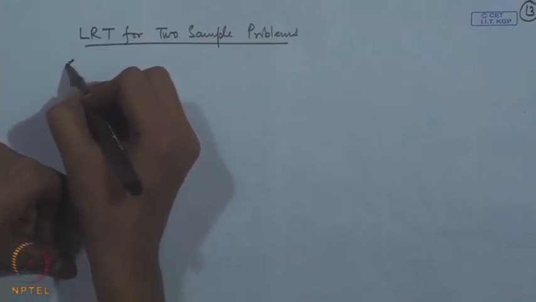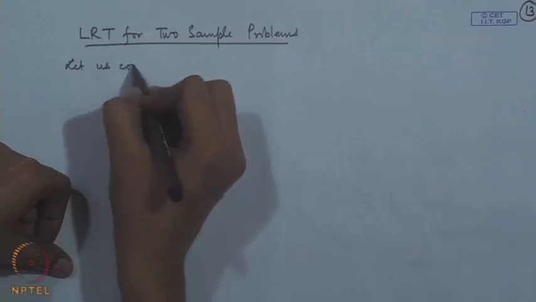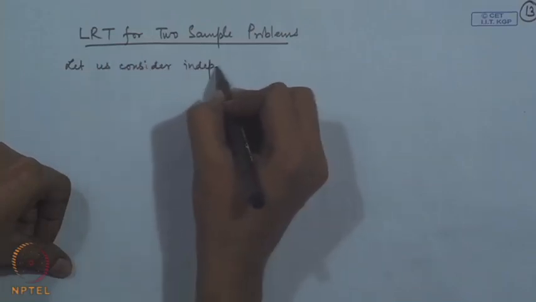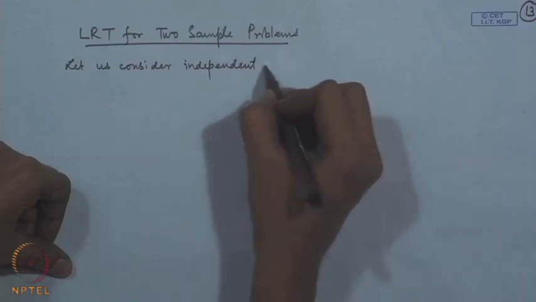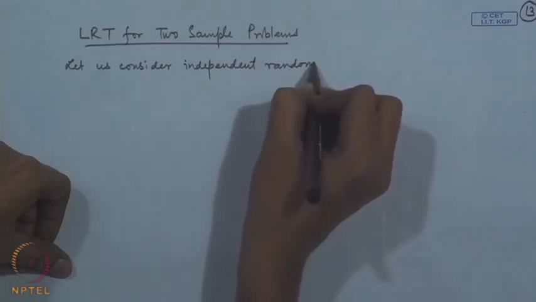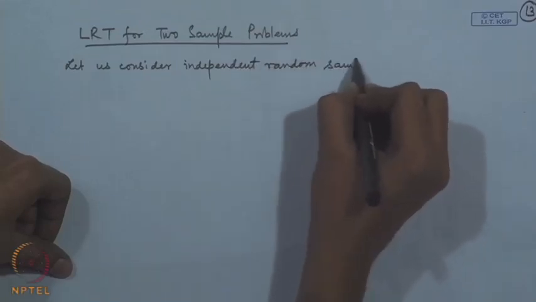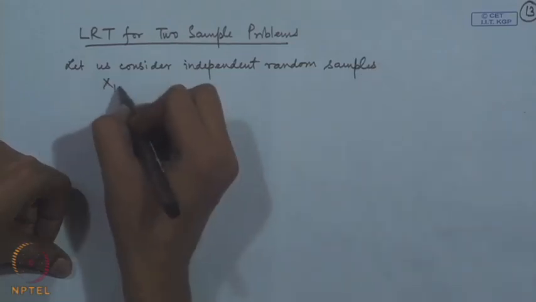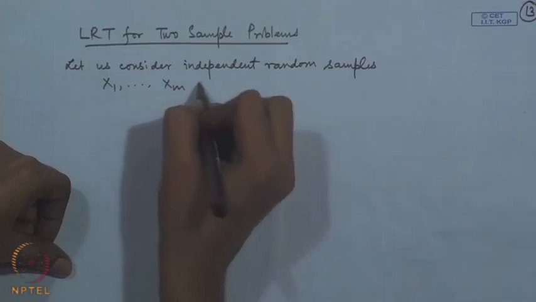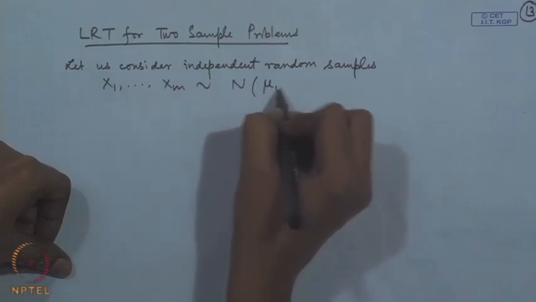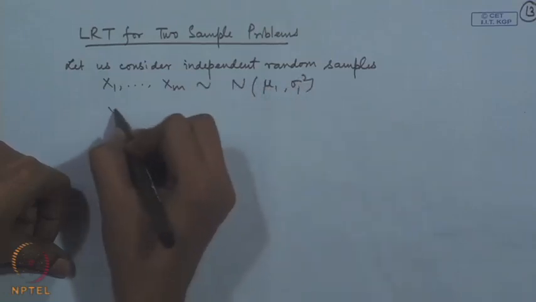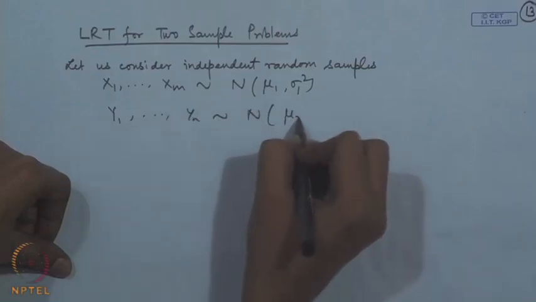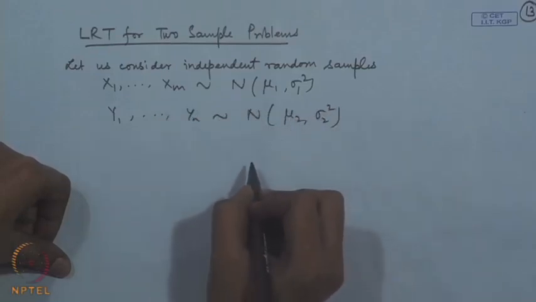Let us consider independent random samples x 1, x 2, ..., x m from normal mu 1, sigma 1 square, and y 1, y 2, ..., y n from normal mu 2, sigma 2 square.